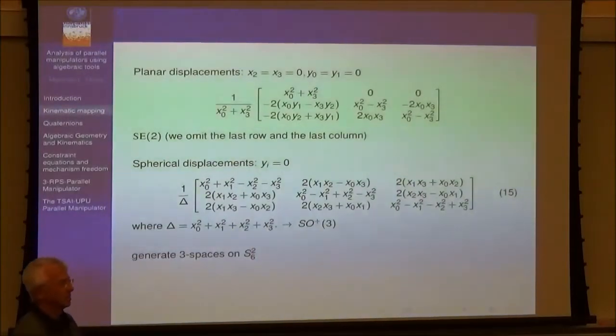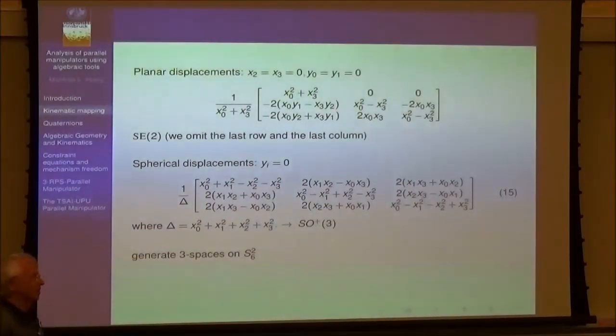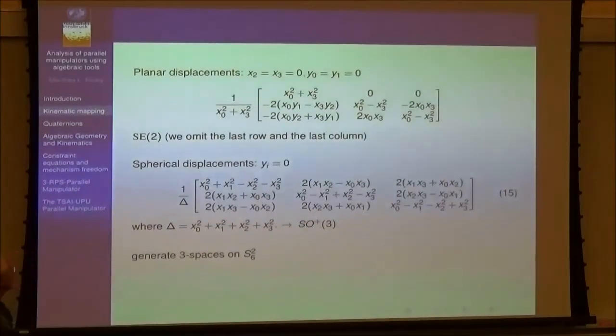The only thing which is different to the morning, Jeff has used Z instead of X. And of course, there is the European notation. Yeah, everything else is the same. Spherical displacements you will get when you set the y's all to 0. Then this is just the quaternion representation, as I would better say Hamiltonian quaternion representation, and you know why.